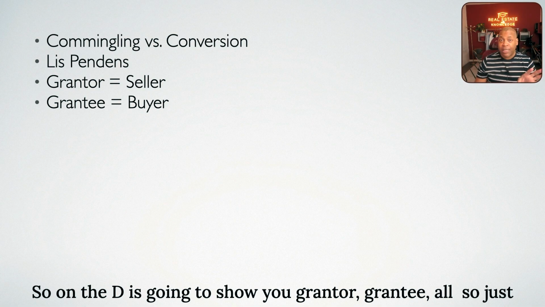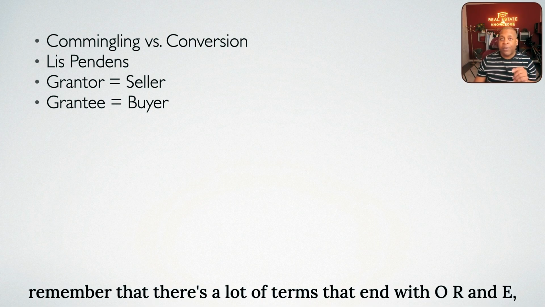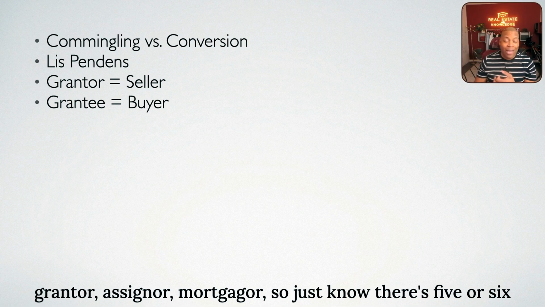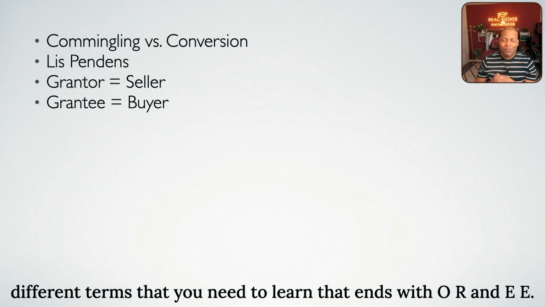Just remember there are a lot of terms that end with OR and EE: grantor, assignor, mortgagor. There are five or six different terms you need to learn that end with OR and EE.